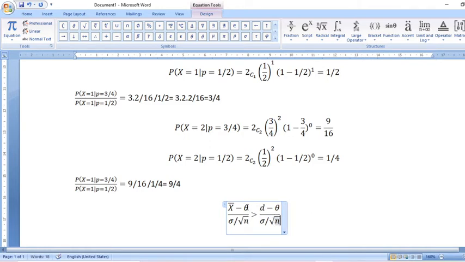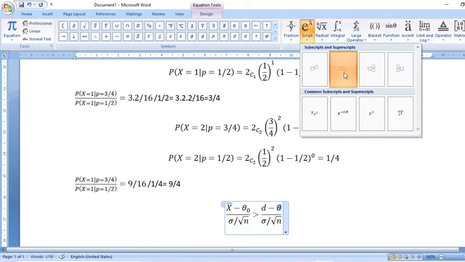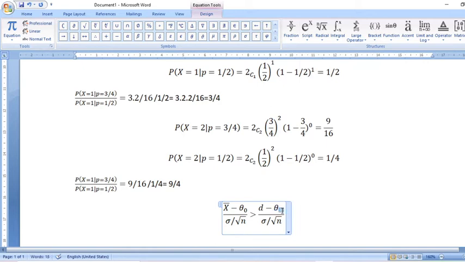This we can consider as theta naught. Okay. So this can be denoted as some constant c, because sigma is known, n is known, d is known, and theta naught is known. So it can be considered as some constant.